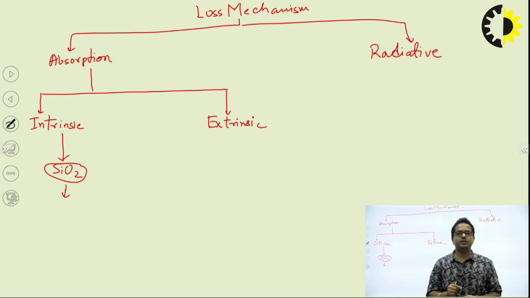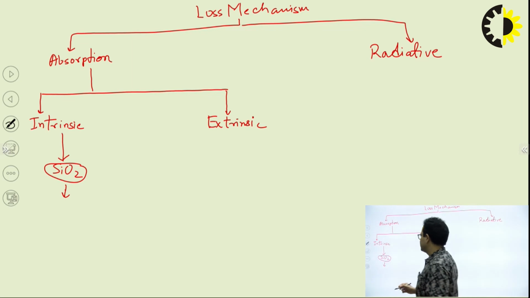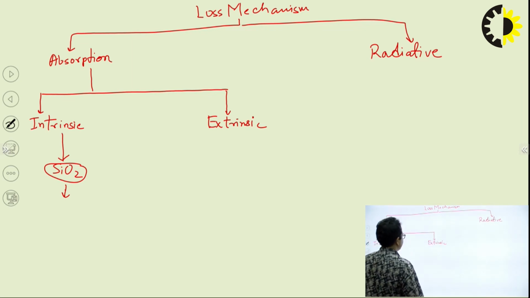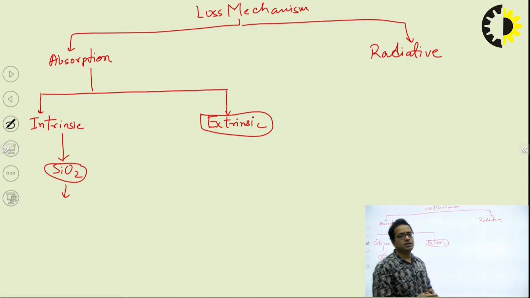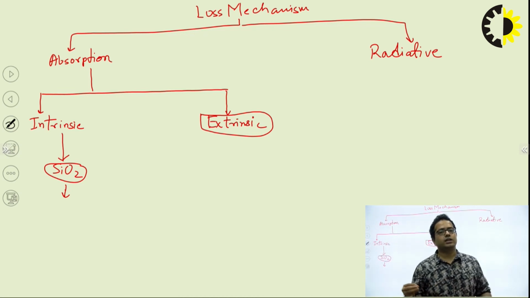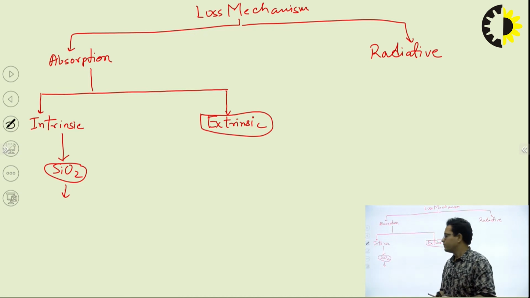Another reason is the extrinsic. So this is the intrinsic reason, and another reason is the extrinsic reason. In extrinsic, I am going to tell this very briefly so that we can continue from here in our next lecture.